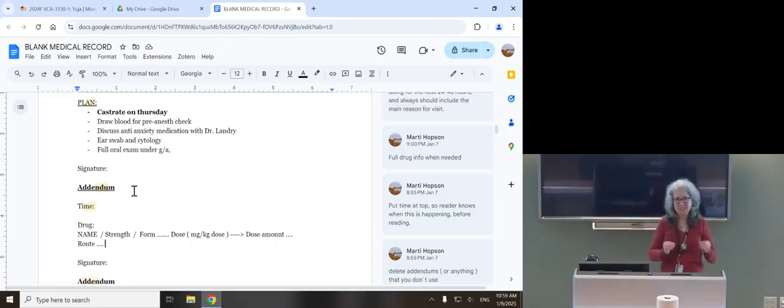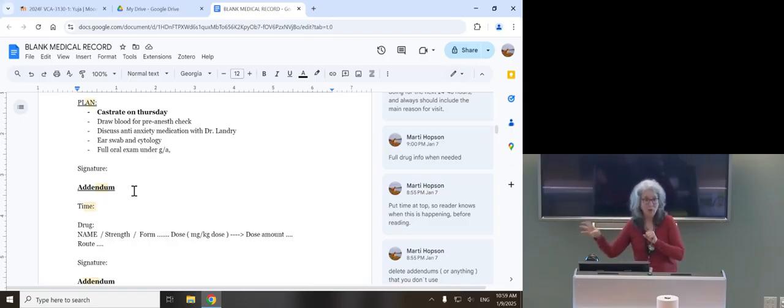And it's really a lot easier if we know what it is, how it's coming, how much are you giving, how are you giving it, how often, and for how long. So the final things would be dosing interval and then duration of treatment.